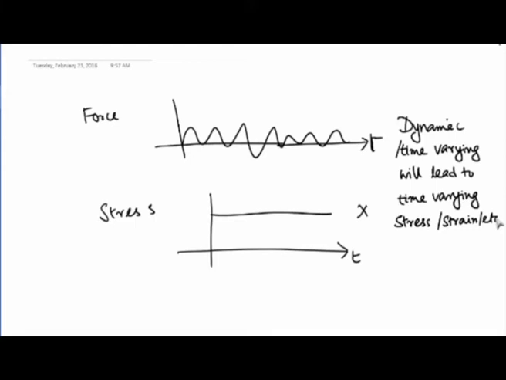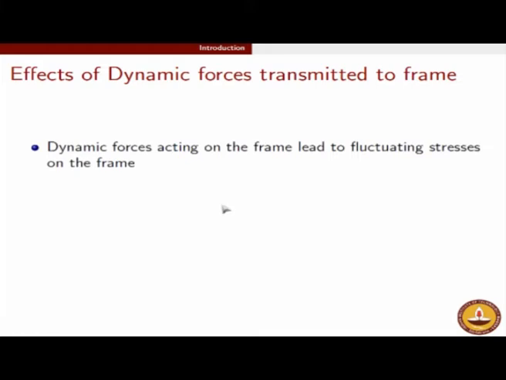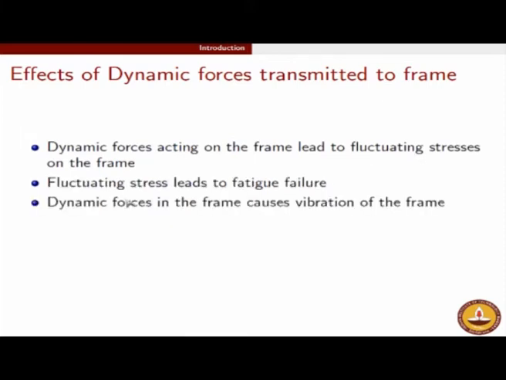So the material is more susceptible to failure when fluctuating stress is created. The frame will be more susceptible to failure if there are dynamic forces acting on it, because such forces lead to fluctuating stresses, and as you know these will lead to fatigue failure, and the critical value of these fluctuating stresses is now dictated by the endurance limit as opposed to the static case.